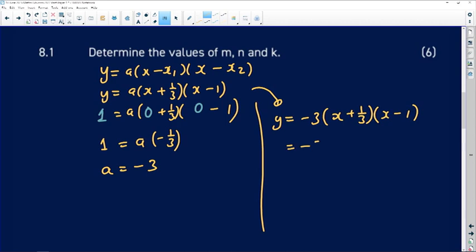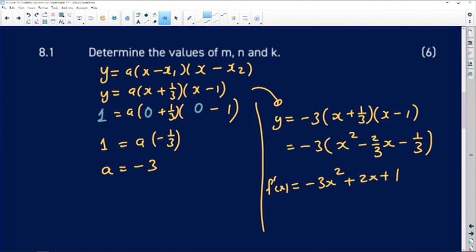If you simplify this by applying the distributive law, you end up with x squared, a third minus 1 gives you a middle term of -2/3 x, minus 1/3. And then eventually the derivative function comes out as just -3x squared plus 2x plus 1, as the final answer for this particular derivative function.